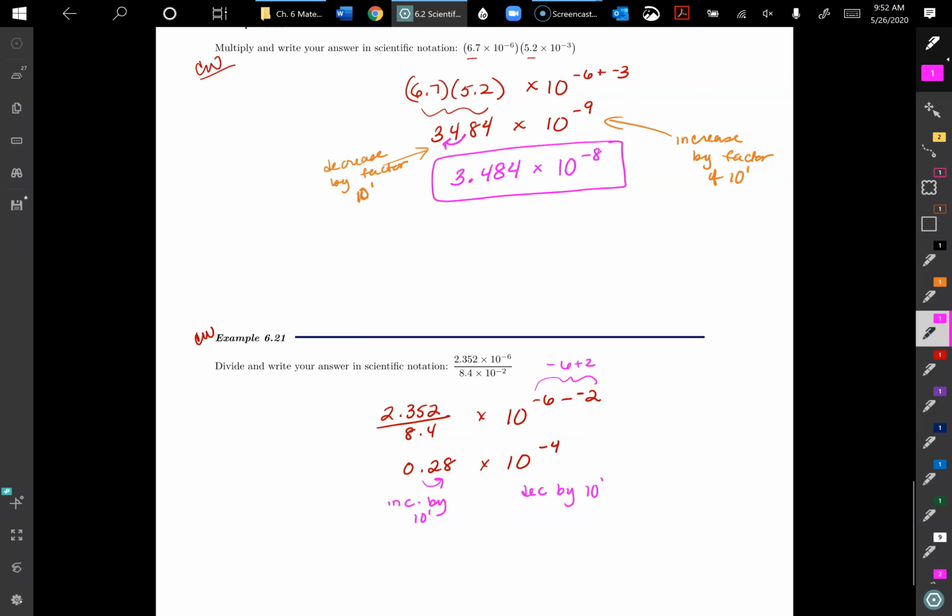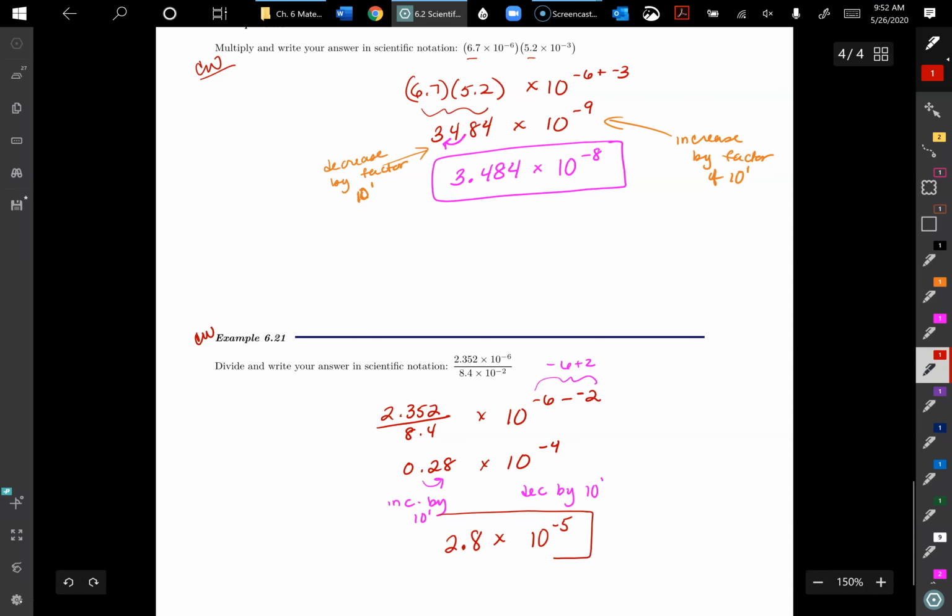So this exponent is actually going up. So it's 2.8. And this one is going to be 10 to the negative 5. So I'm decreasing by 10 to the 1, which is the same as dividing by 10 or multiplying by 10 to the negative 1. And then this would be my final answer.